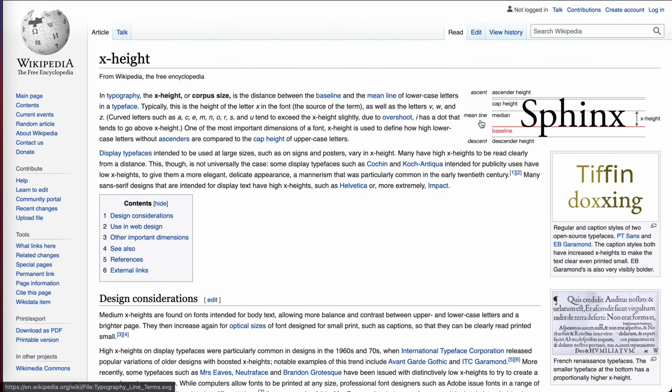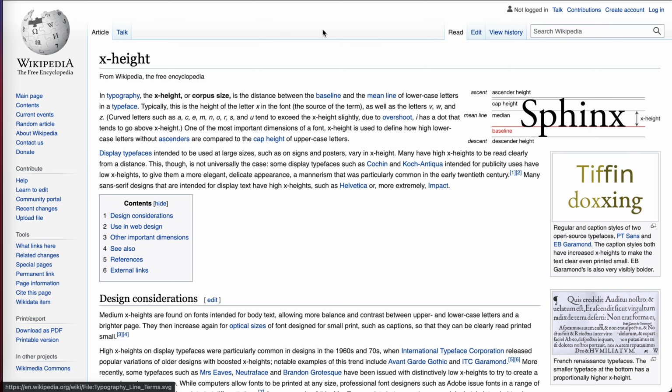What is X height? English is not my mother language, so I take a look at this explanation illustration. The X height actually means the height of the small letter, right? This is the capital letter, much bigger, and this is smaller one, without the part above the baseline.